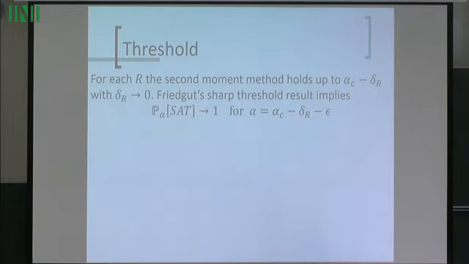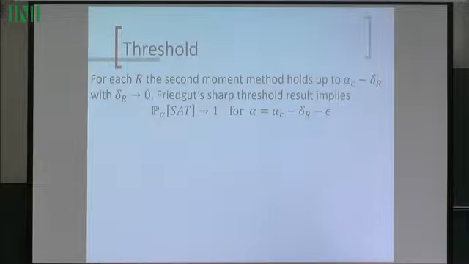And so Friedgut's result that there's a sharp threshold for SAT says the following. The second moment method will just say that there's some positive probability that we have a solution, and probably as a function of r, this positive probability will get really tiny.